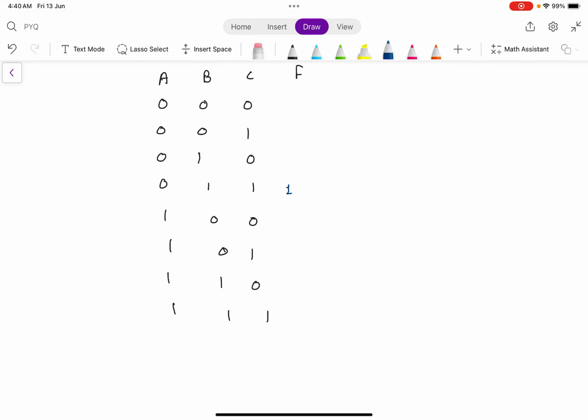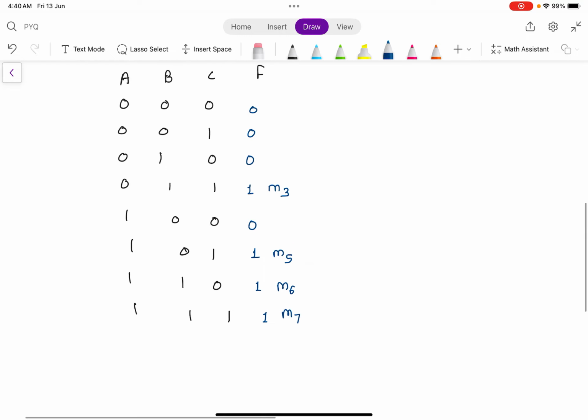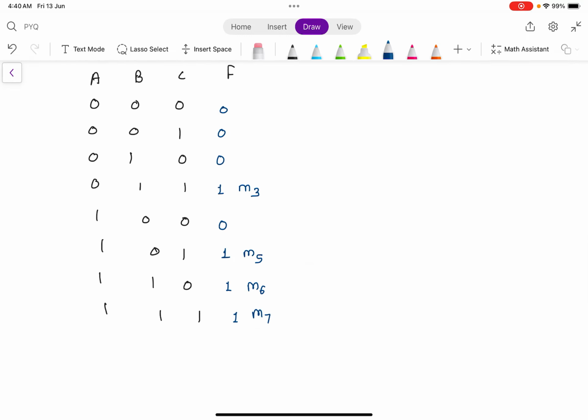So it becomes 1 here, 1 here, 1 here, and 1 here, and the others we assume to be logic 0. These are minterm numbers 3, 5, 6, and 7. Let's analyze the expression by drawing the K-map for this.